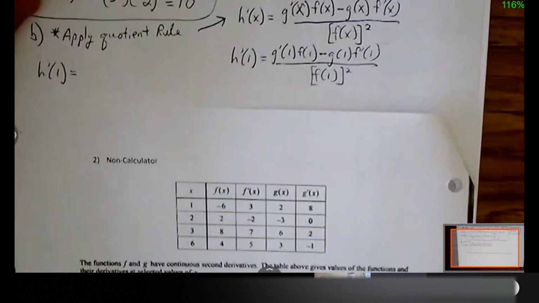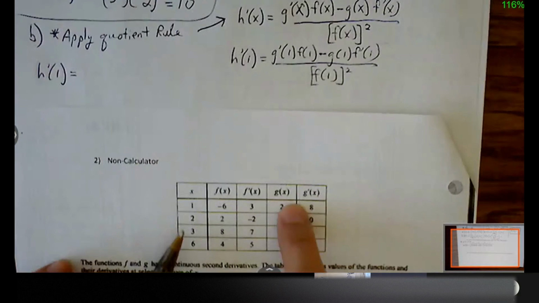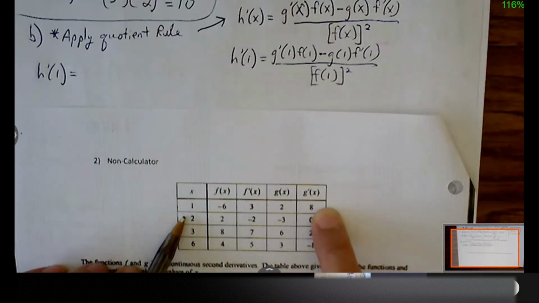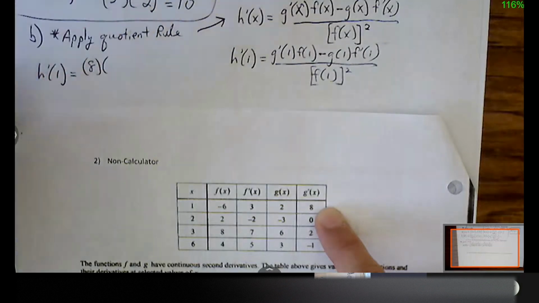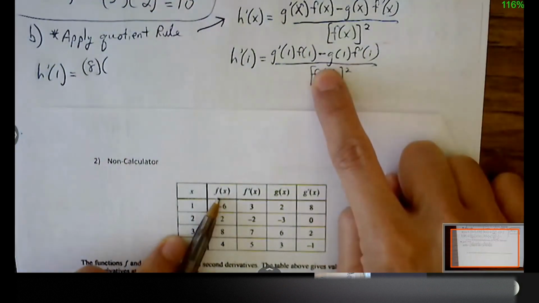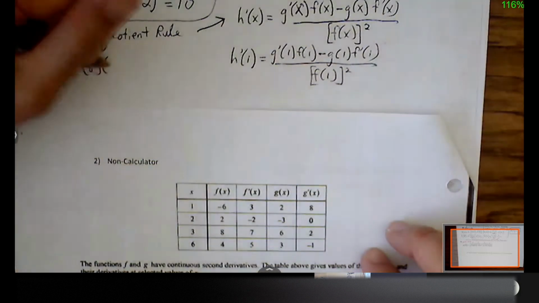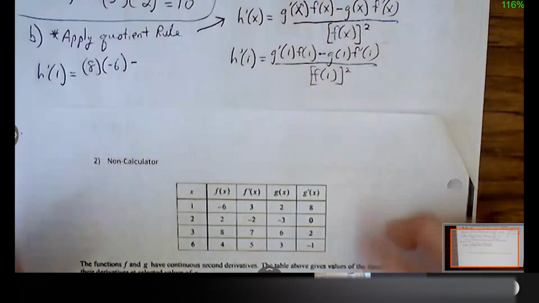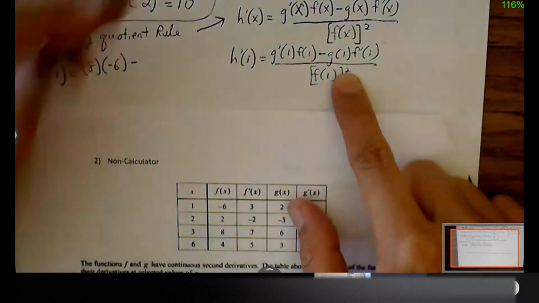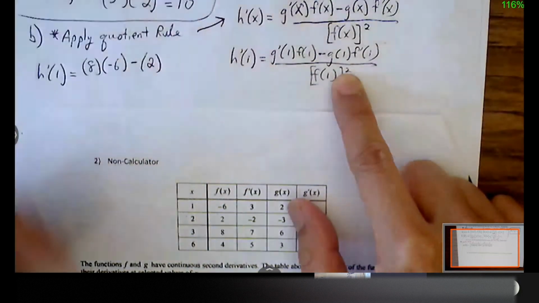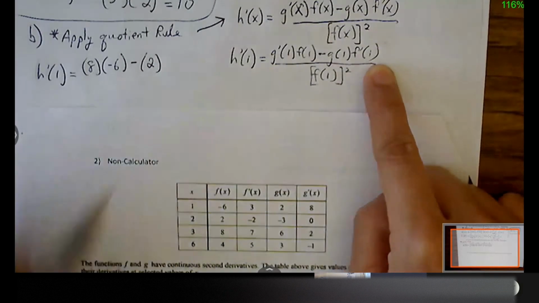All right, so we just go to our table here. G prime of 1 is 8. F of 1, it's negative 6. G of 1, which is 2. F prime of 1 is 3.